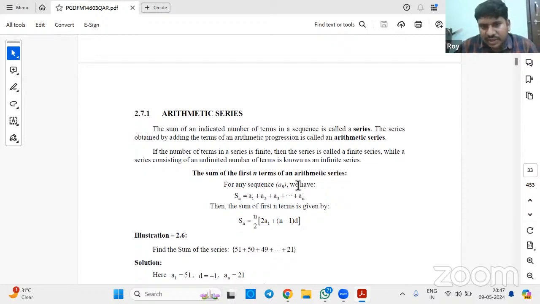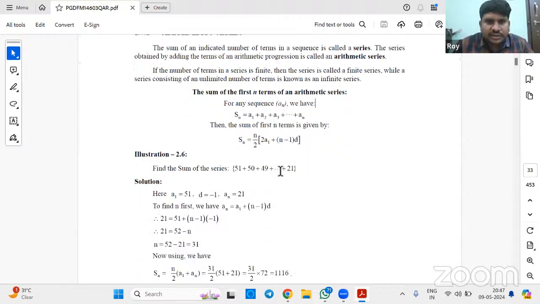The sum of the first n terms of an arithmetic series is a1 plus a2 plus a3 plus till an. For example, a1 plus a2 plus a3 plus till a10 is the sum of the first 10 terms.